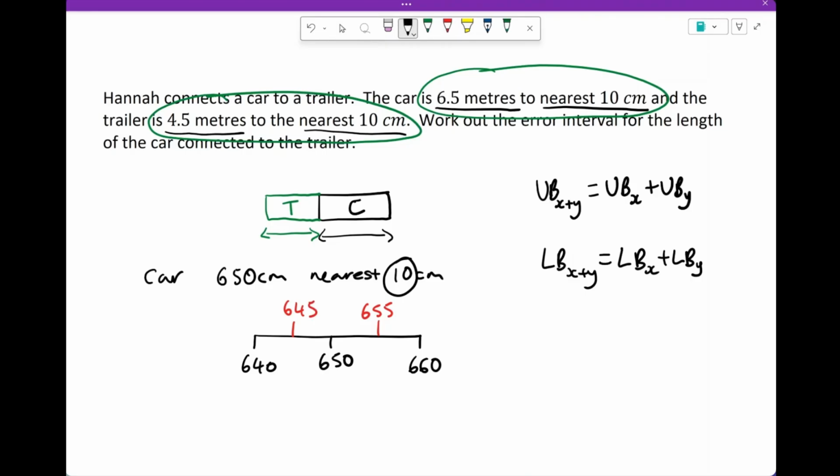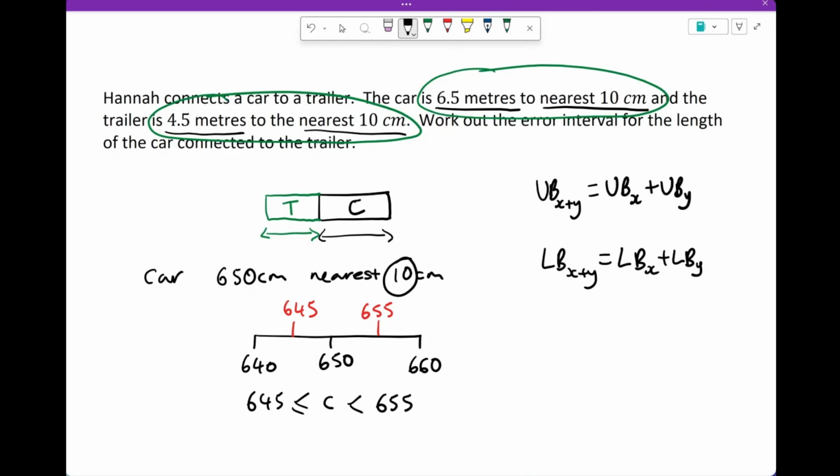So my error interval for my car, if we call my car C, the upper bound is 655, the lower bound is 645. Okay, and we can be the same as or greater than the 645 because we can be equal to it, but we can't be equal to the 655. So I'm just going to put a smaller than pointing towards the C. So that's the car done.